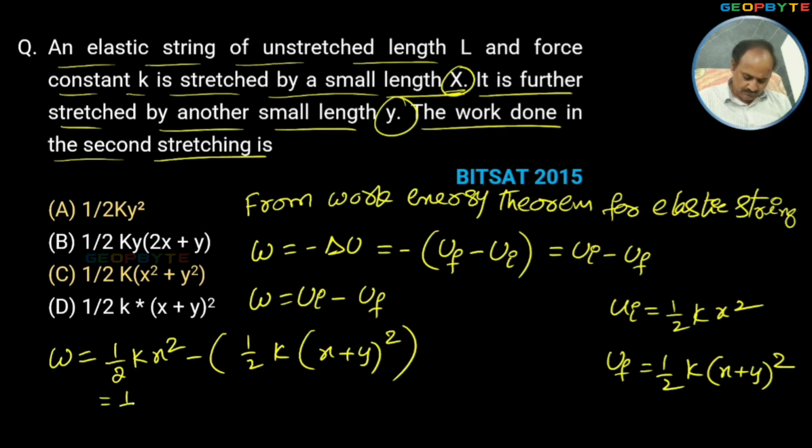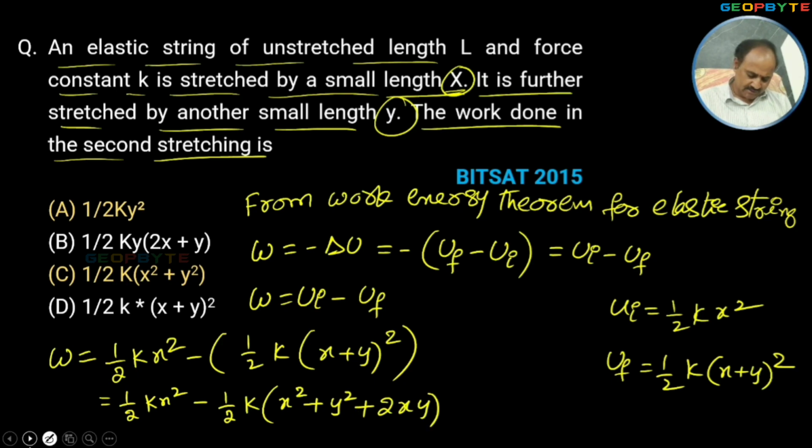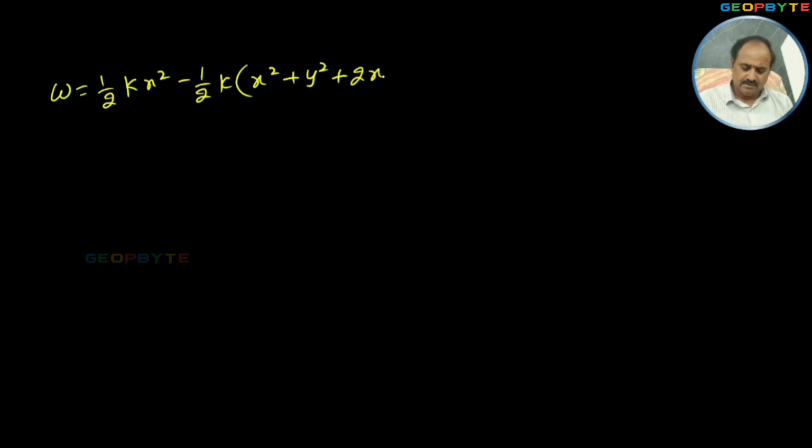Work is equal to half kx square minus half k into (x square plus y square plus 2xy). Let us take another slide. Work equal to half kx square minus half k into (x square plus y square plus 2xy).